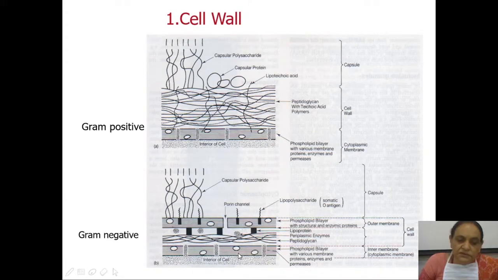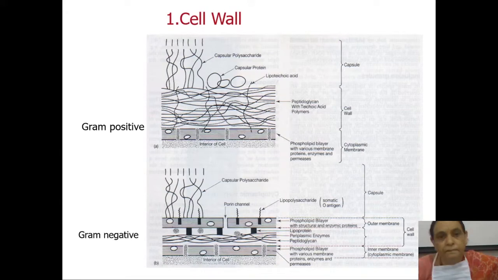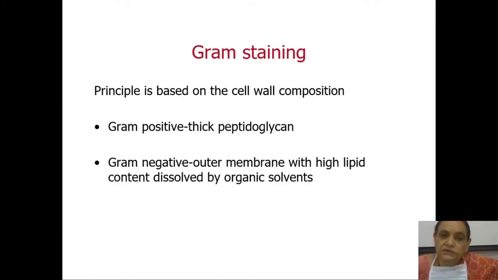Now how does this structure help you in your day-to-day practice of patient management? First and foremost, this cell wall is the basis of gram staining, which is the most rapid and a specific test to identify the presence of an infectious agent in a patient if you have a specimen.